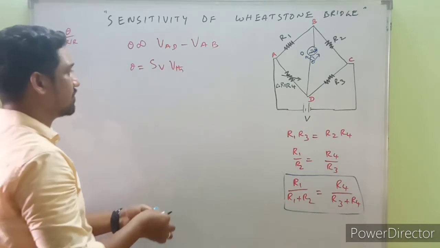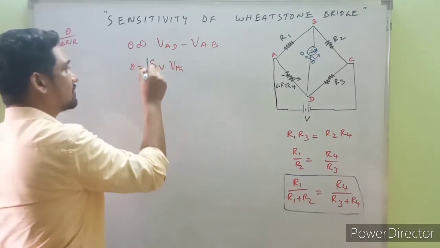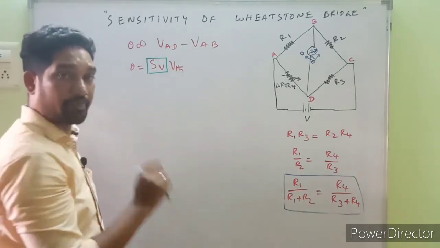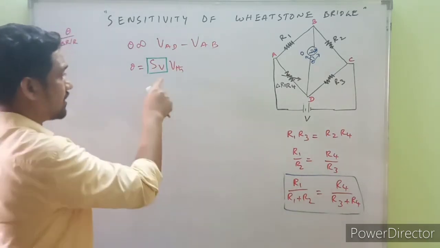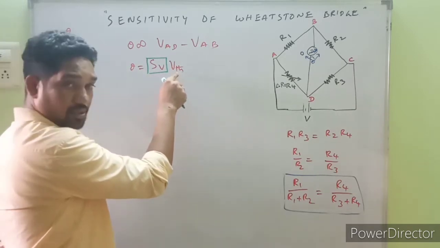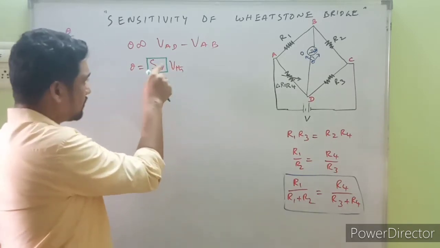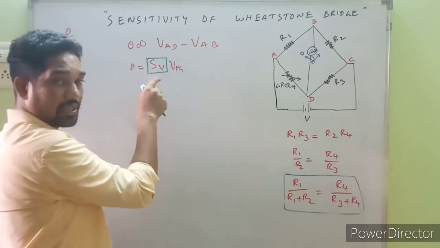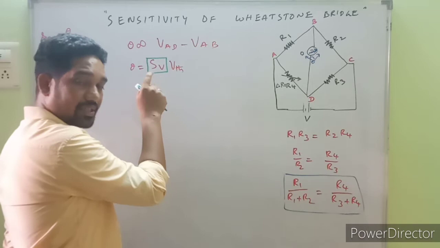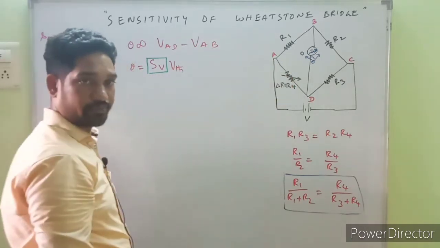This SV is the voltage sensitivity of the galvanometer. Please make a note. The deflection is directly proportional to the Thevenin's voltage, and this is the constant of proportionality, the voltage sensitivity of the galvanometer, right?